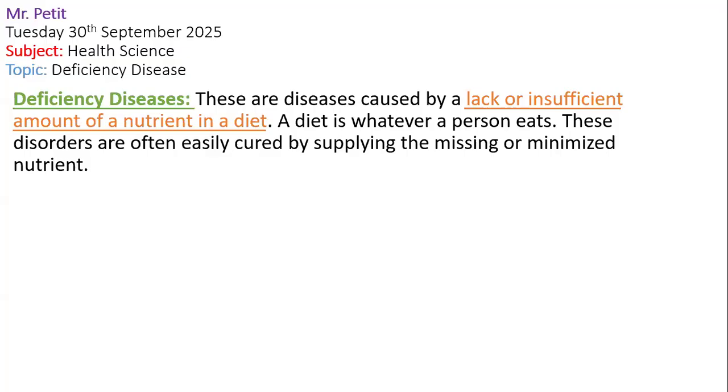And deficiency diseases are caused by not having enough of something. Very good. I like how you went into the DNA and started talking about that. Which one do you think is worse, hereditary or deficiency?